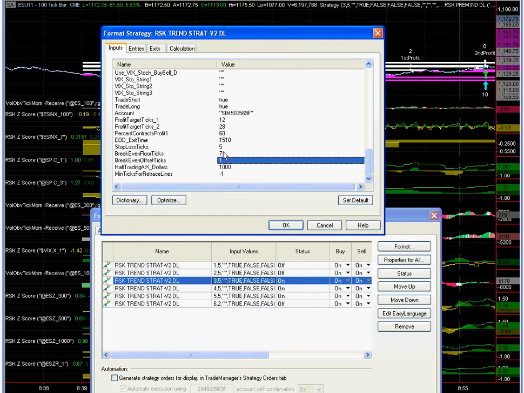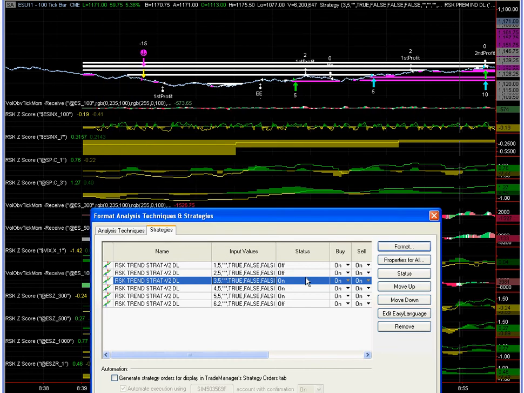So if we've moved 7 ticks in our favor, we terminate the stop loss and move our protective stop, if you will, to one tick above our entry price. Now that's true in each of the three strategies that we have working on this chart.